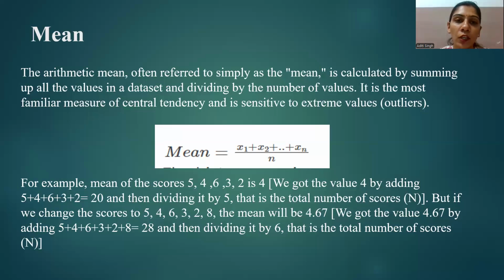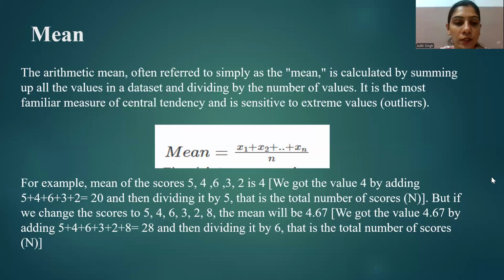We got the value of 4 by adding 5, 4, 6, 3, and 2, which is 20, and then we divide this value 20 by 5, as there are a total of 5 numbers. That is the total number of scores, which we can denote with n, as I have also shown in this formula, which says that mean is equal to the sum of total values divided by n.